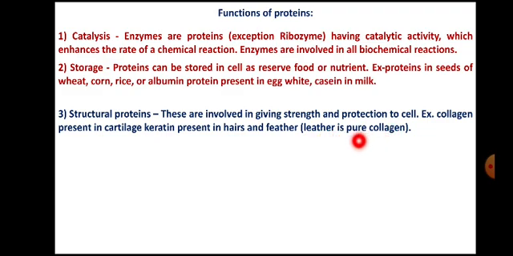We have already learned about the collagen protein, that it is a strong fibrous protein which is an essential component of skin, that makes leather, which is complexed with other polymers also. So collagen is an example of a fibrous protein which is an essential component of leather or skin.